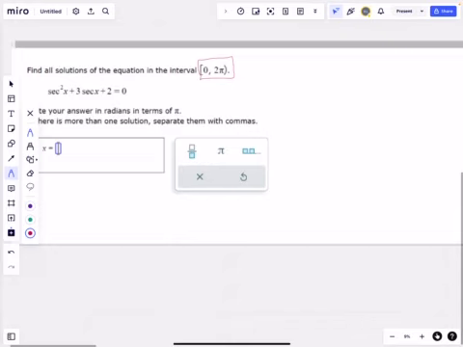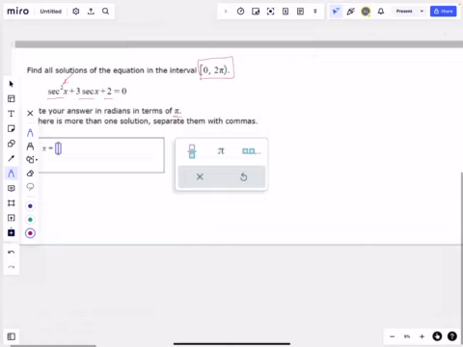One other thing that I notice is that we have all one type of function, and it's raised to the second power right here, which means that we want to treat this like a quadratic. I also noticed that we're looking for our answers in terms of pi.